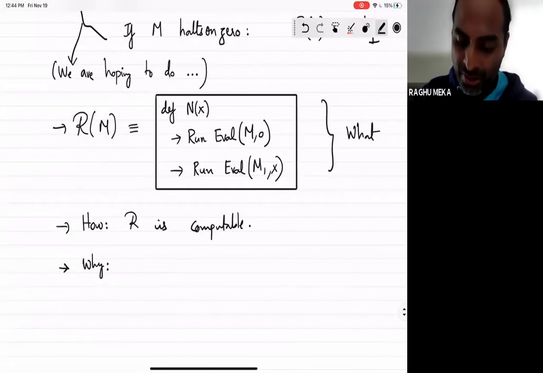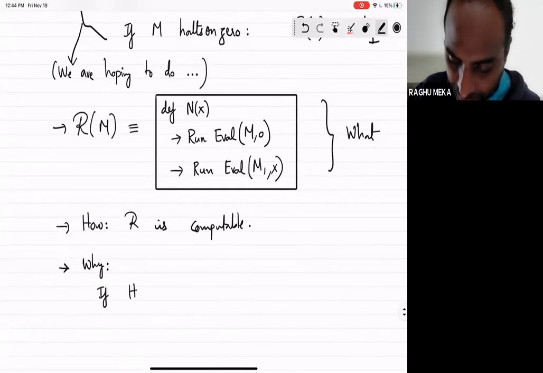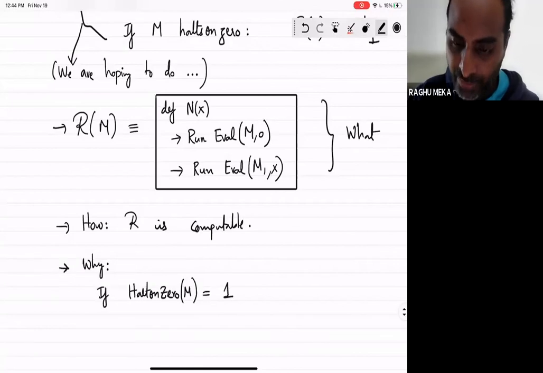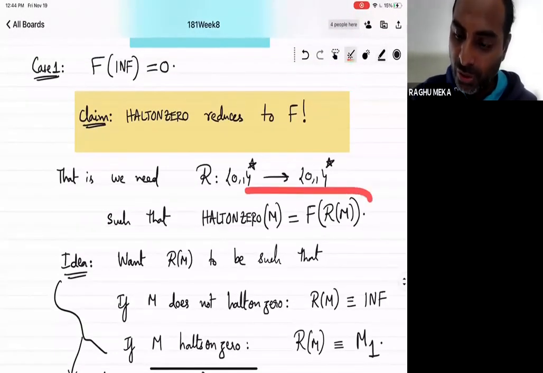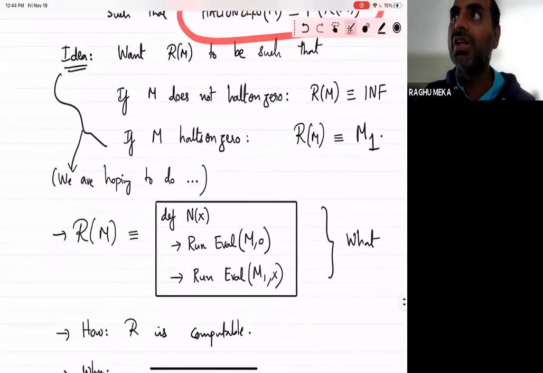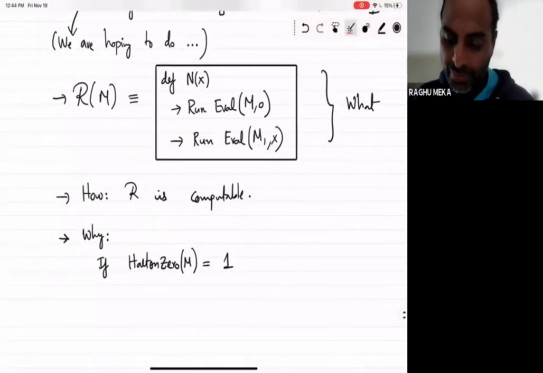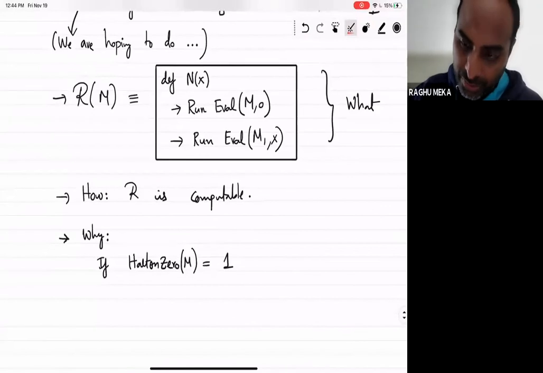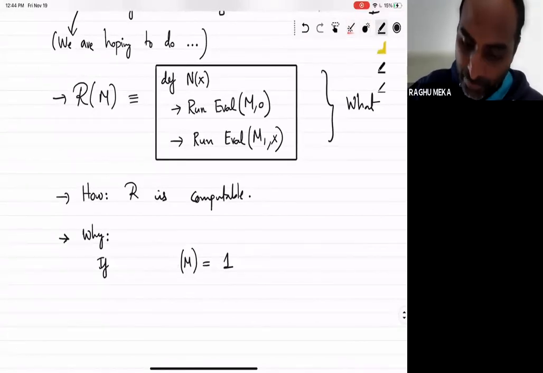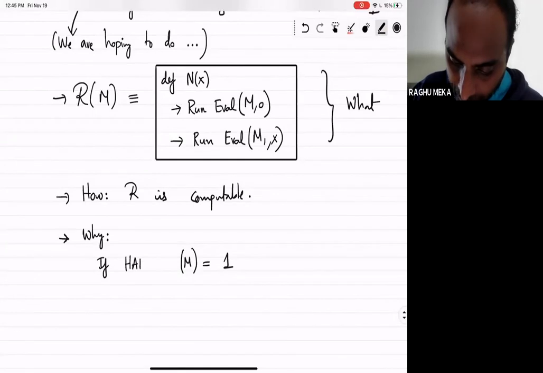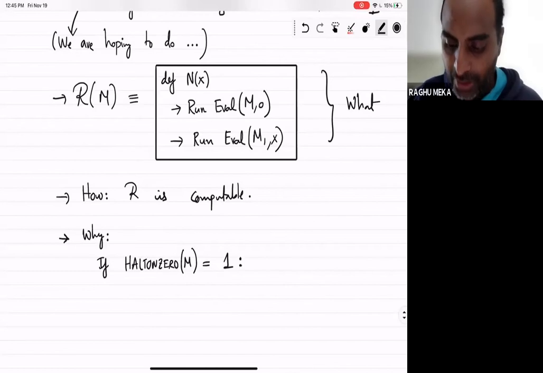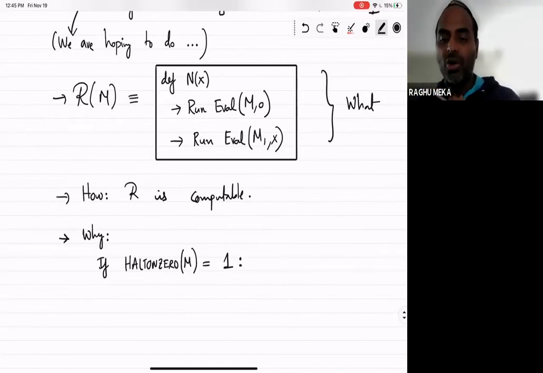So what does why mean? If halt on 0 of m equals 1, we need to show that this equality holds, right? The behavior of halt on 0 and f are identical. So suppose m actually halted on 0. What can you tell me about R of m?